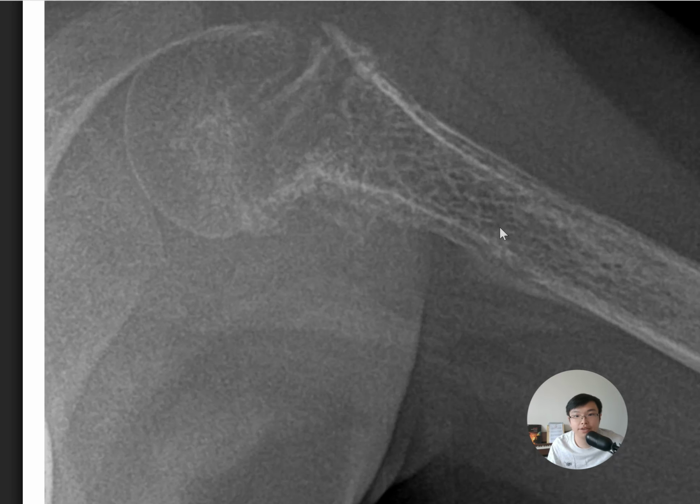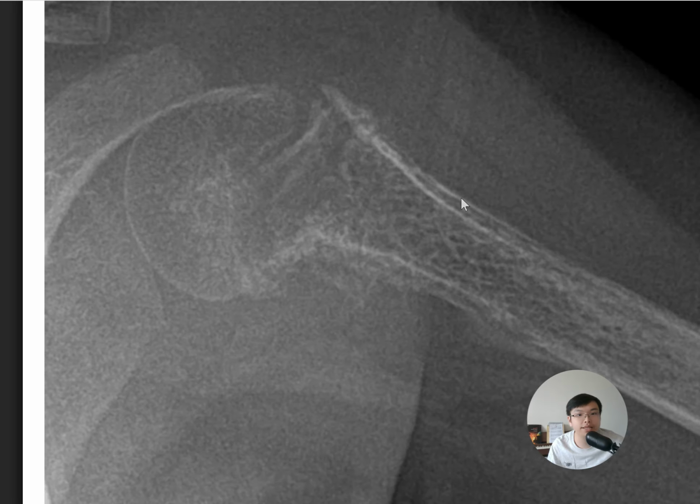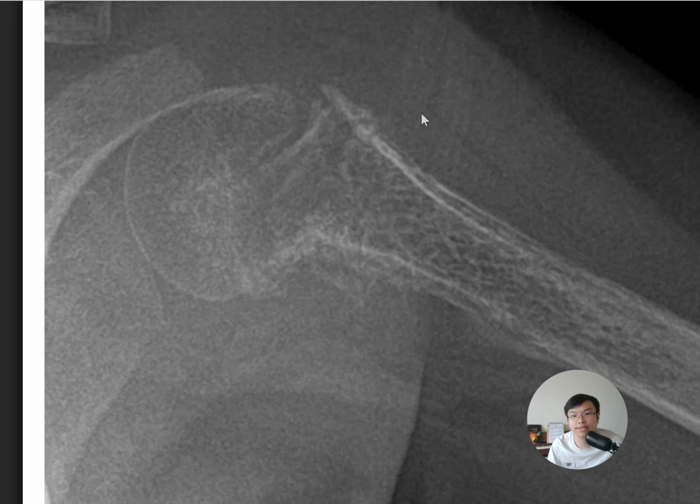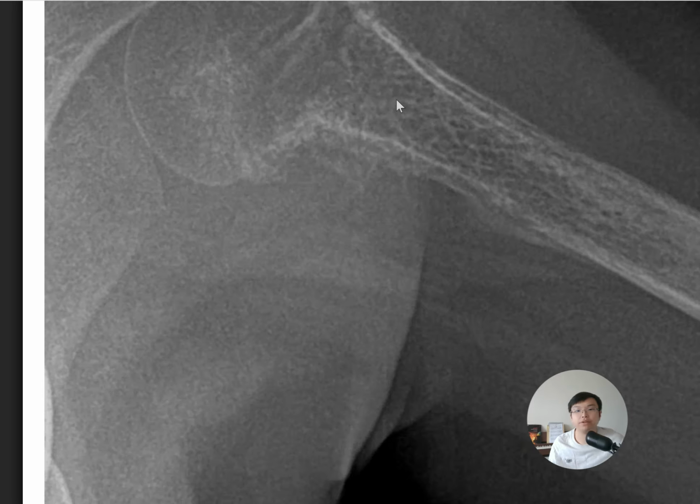And then this one, I think the author wants to zoom it in so that we can appreciate the laminated periosteal reaction, which is more classical, okay, for the Ewing sarcoma. And always try your best, okay, to look at the orthogonal plane, not just for the periosteal reaction, but any subtle pathological fracture, okay.